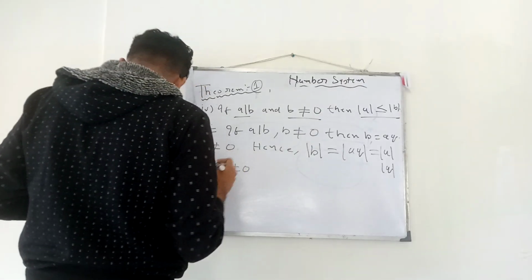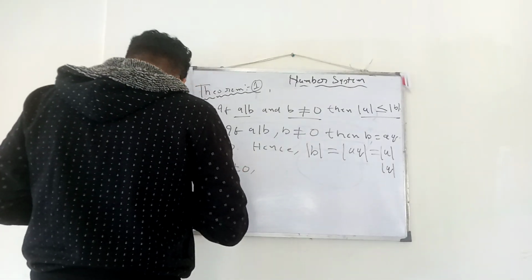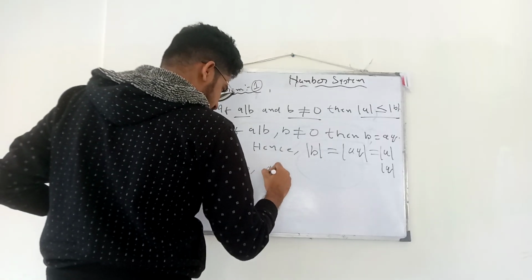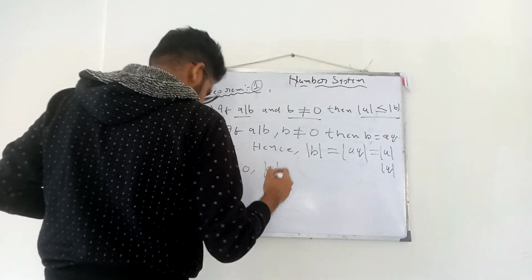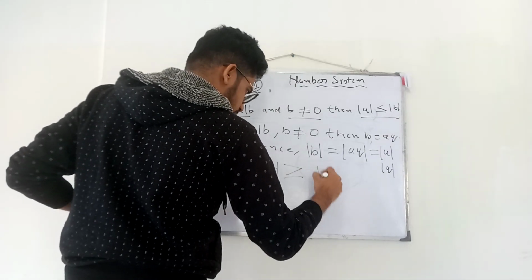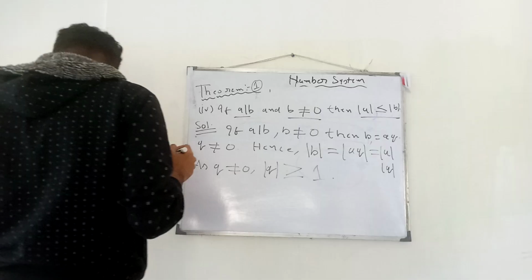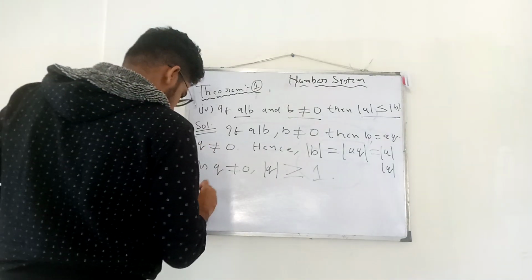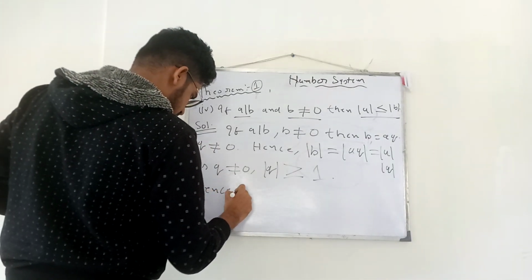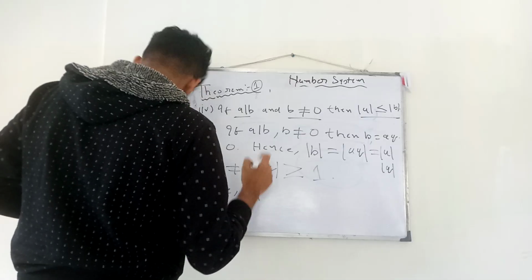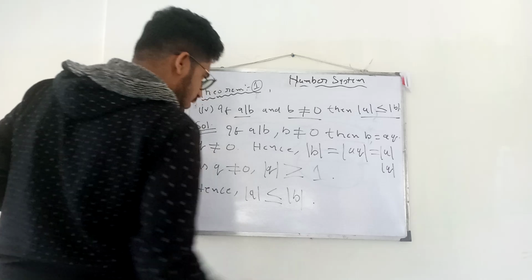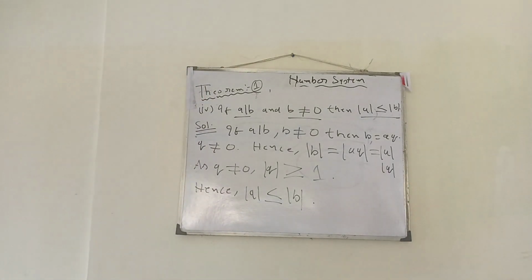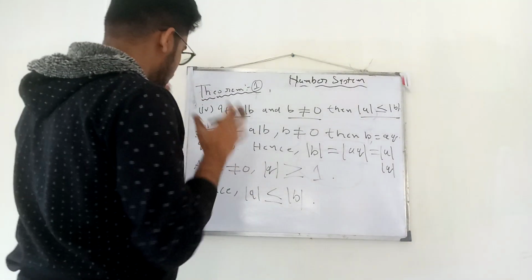As Q is not equal to 0, it should be greater than or equal to 1. Hence A modulus is less than or equal to B modulus. Okay, so now we have to understand the proof.